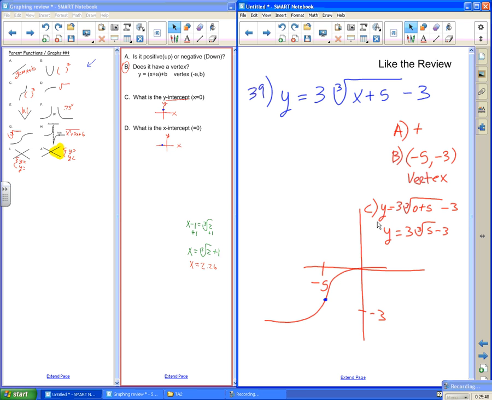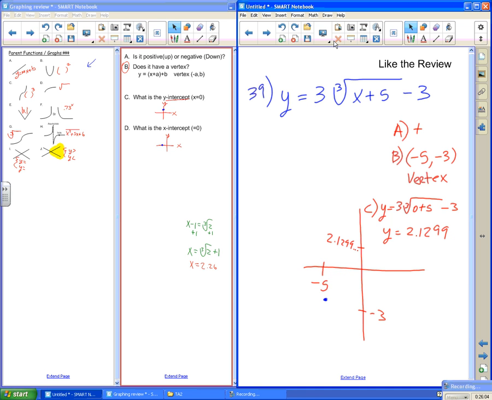So I get 2.1299. So there's my y-intercept. So I know that that should have hit my y right there. We'll call that 2.1299... So that's where that should hit.